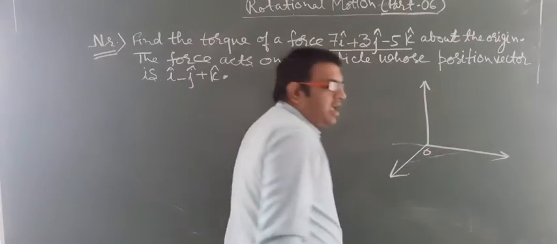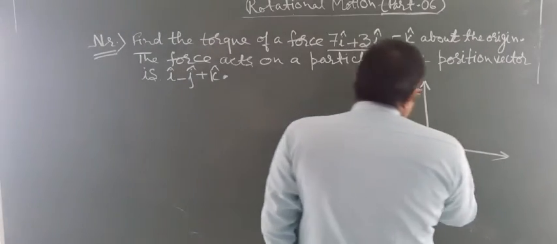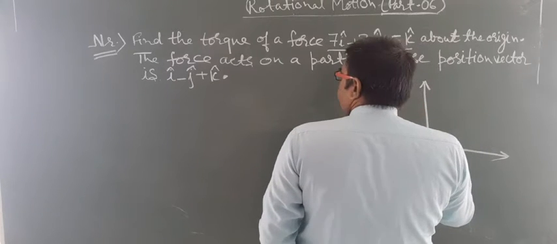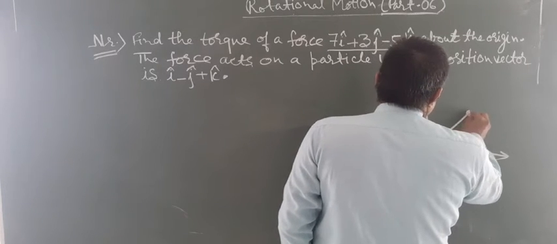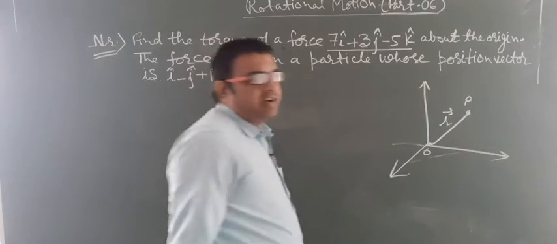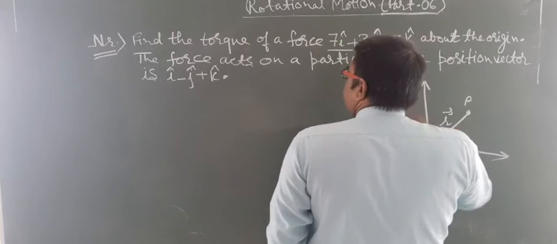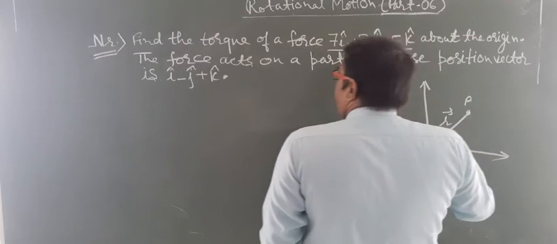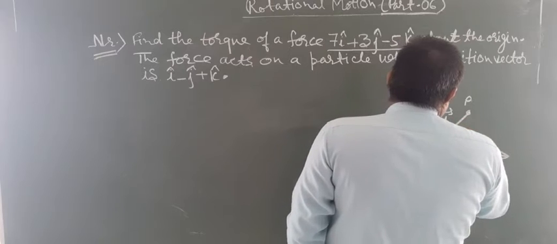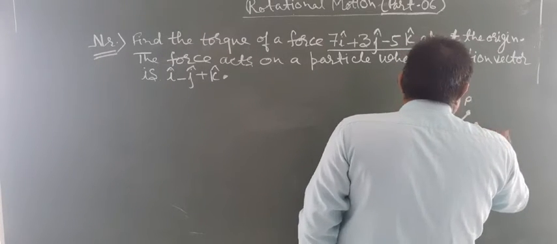Look here. This is the origin, and you have to find the torque about the origin. The position vector of the particle is given. This is point P, and this is r, the position vector of the particle, given by i cap minus j cap plus k cap.